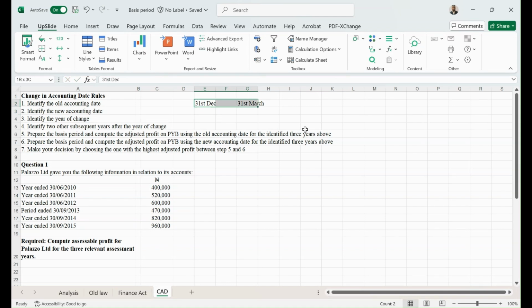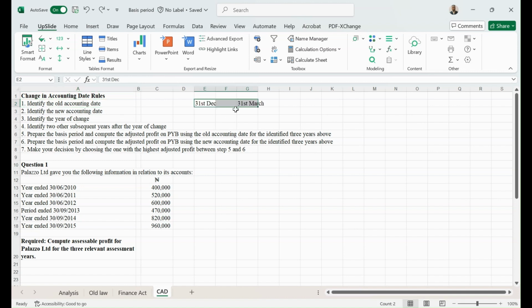When a company changes its accounting date, there are certain rules we need to follow in determining the tax implication, and I've highlighted them here. These are basically 7 steps to follow. Step one is to identify the old accounting date.